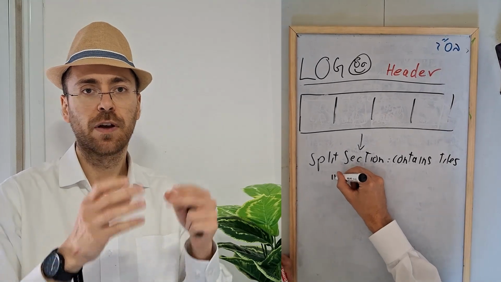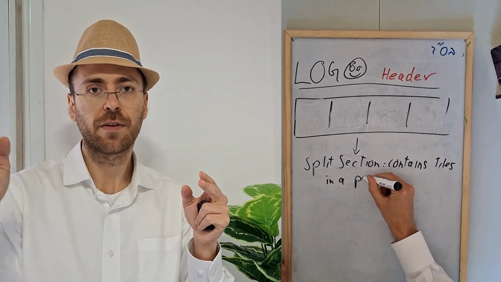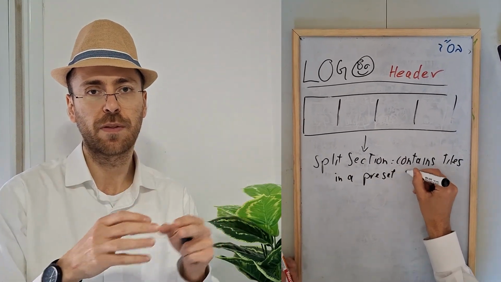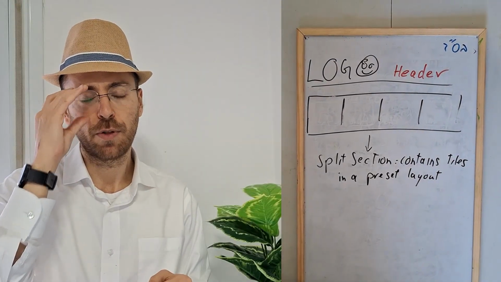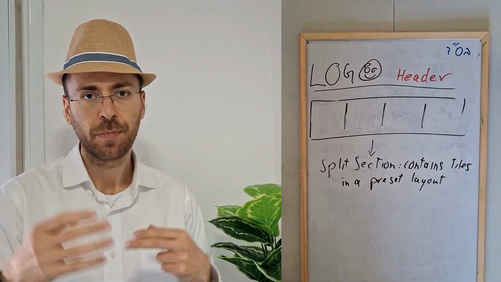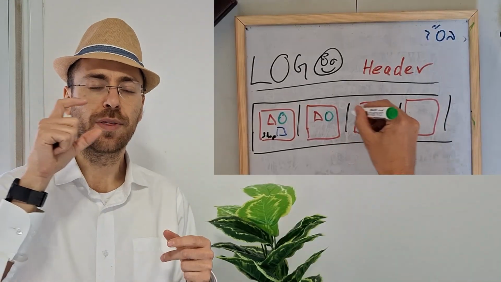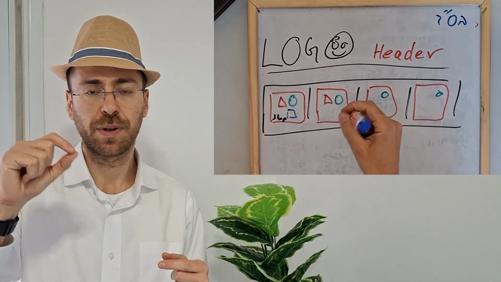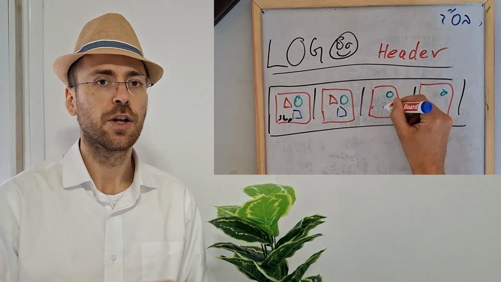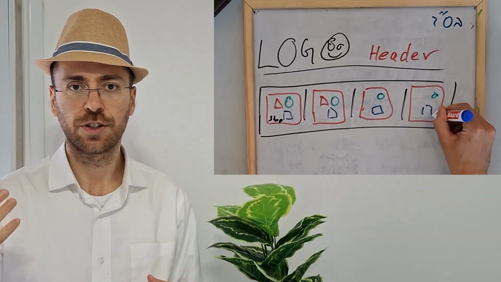You can have 50-25-25, right? So one takes up 50% of the page and then another two tiles take up each 25%. Maybe those are less important subcategories, and so on and so forth. And then within those tiles inside of the split section, you can link again using the technique just described.